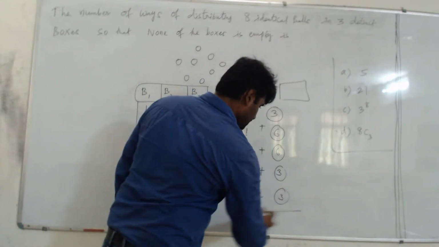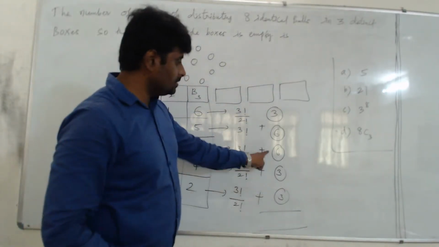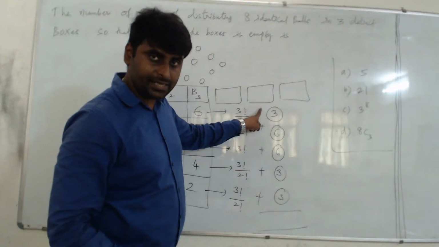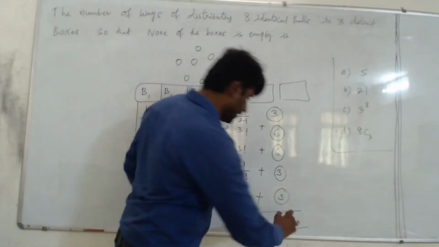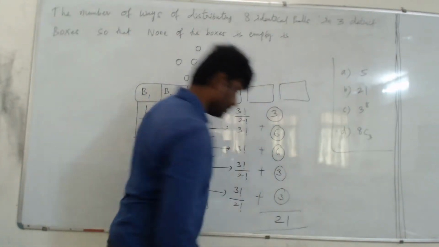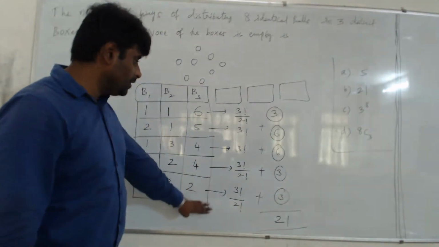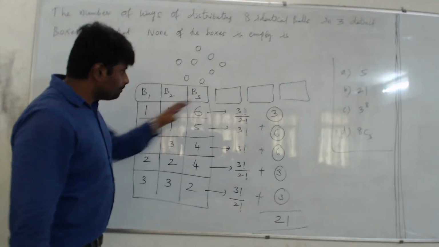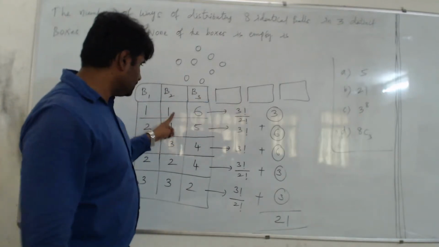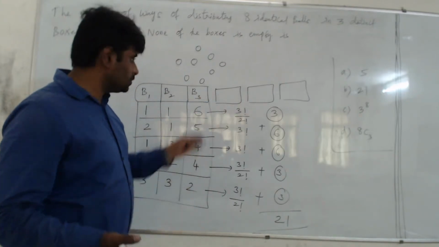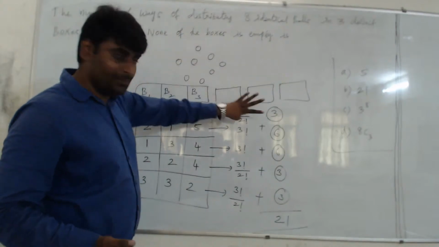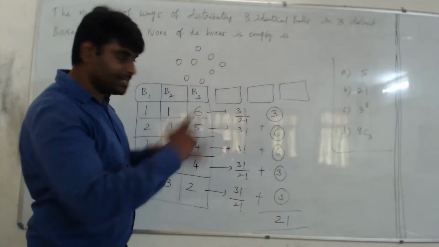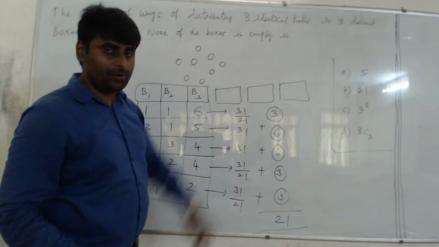So total how many ways? 6, 12, 18 plus 3. How many? Yes, 21. Okay, the total number of ways is 21 here. Understood? Here we need to place in different numbers. In different ways we will distribute those 8 balls in 3 boxes. So finally those can be shuffled in different boxes.